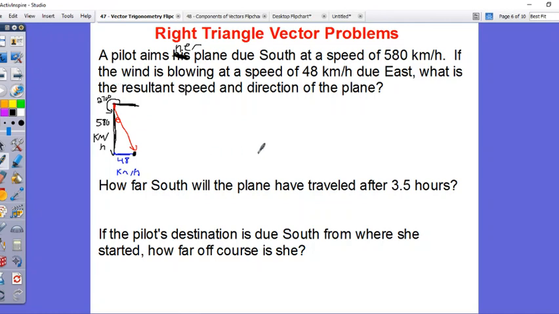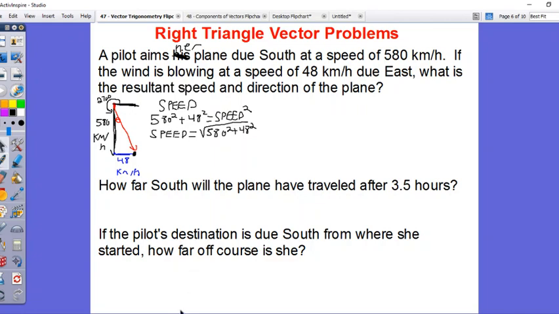So we need to find the resultant speed. To find the speed, use the Pythagorean theorem. So 580 squared plus 48 squared is equal to the speed squared. Simplify this. Your speed is equal to the square root of 580 squared plus 48 squared.